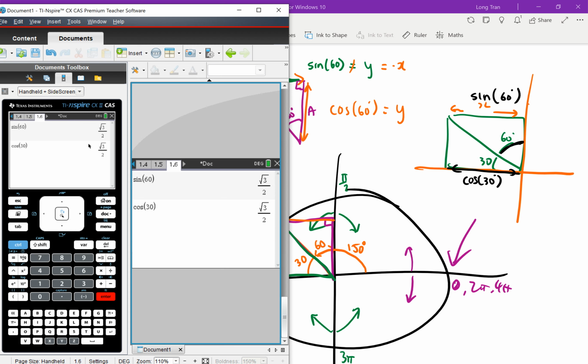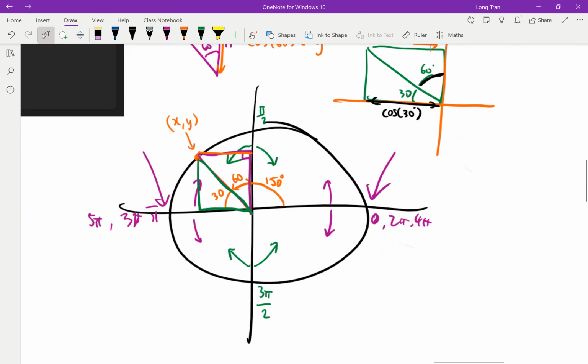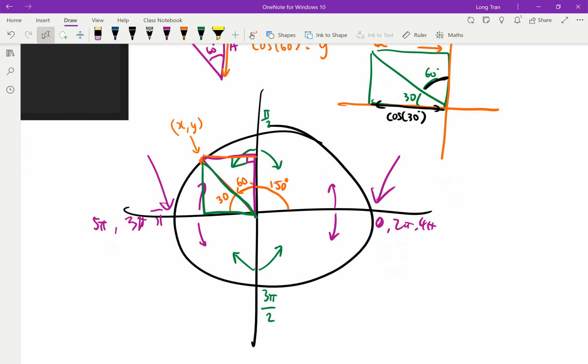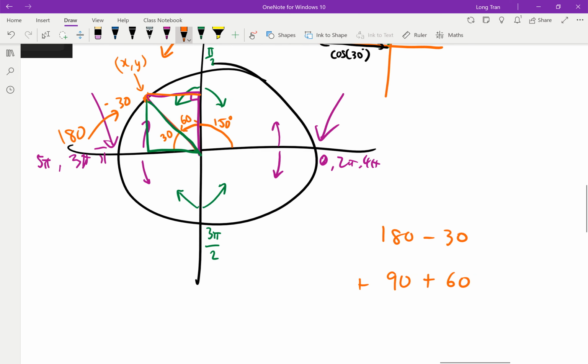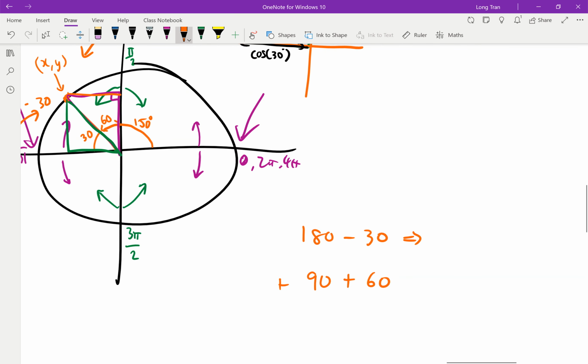So yes, you're right. You can say, why don't we add from 90 degrees and we add 60, or you can say 180 minus 30. True? So 180 minus 30 or 90 plus 60 is essentially what you're asking. You're saying, why can't I do pi minus pi on 6?